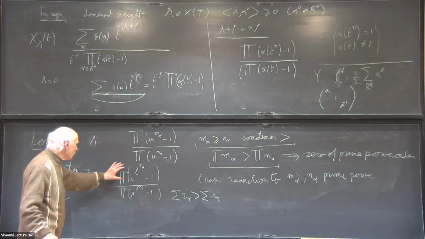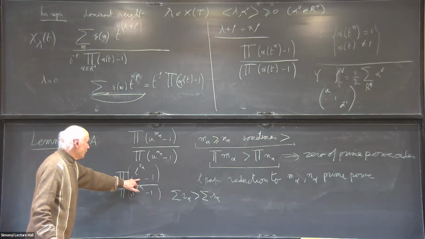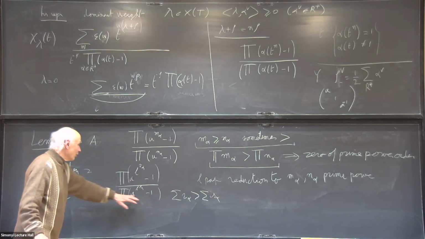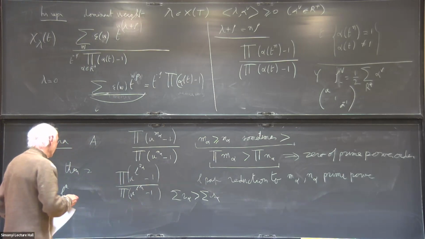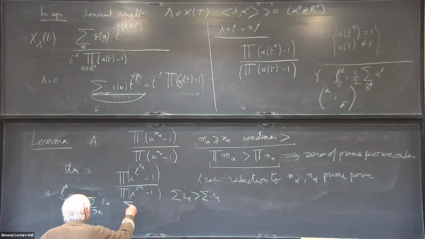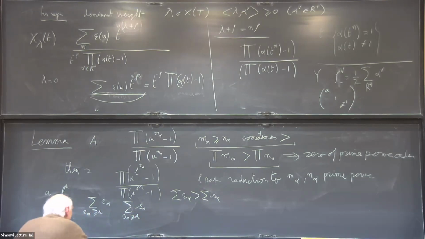For this, we have to count how many numerator factors vanish on it and how many denominator factors vanish on it. So we have to consider the sum of the r_alpha for r_alpha bigger than or equal to a, and also the sum of the s_alpha, extended only over those bigger than or equal to a.